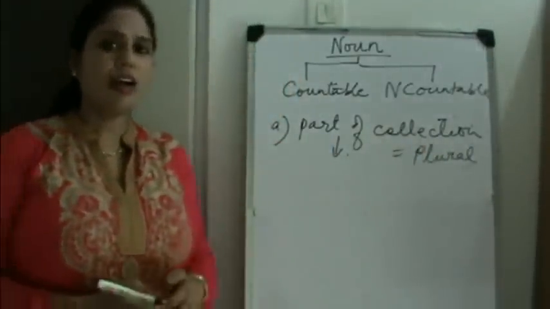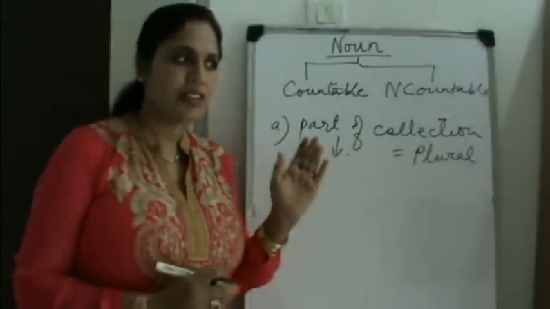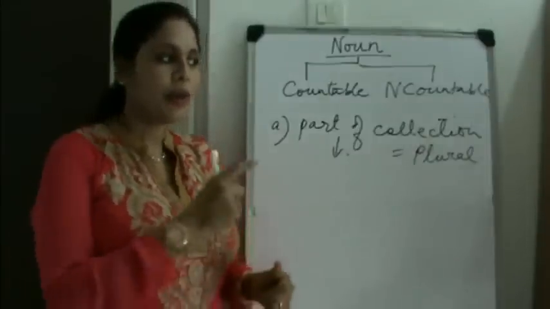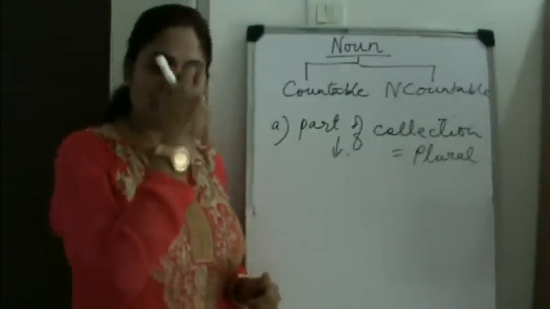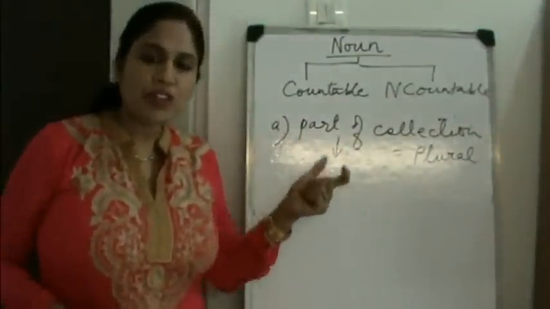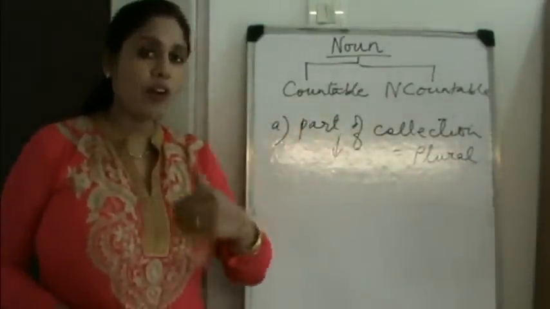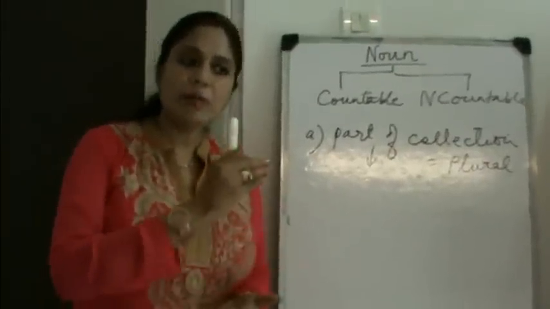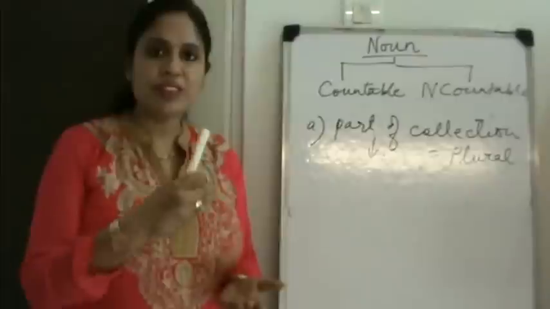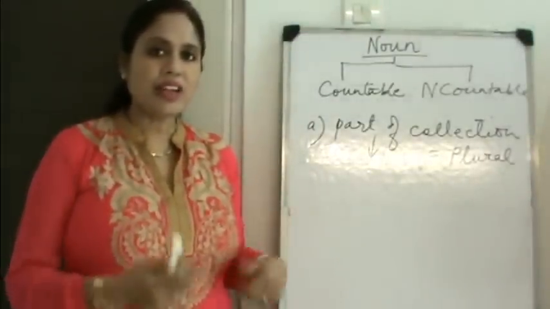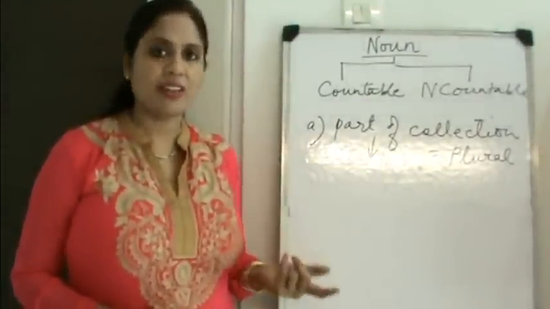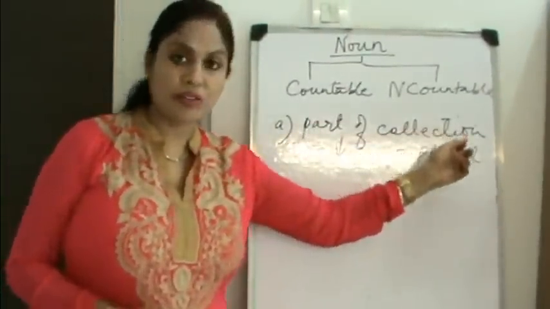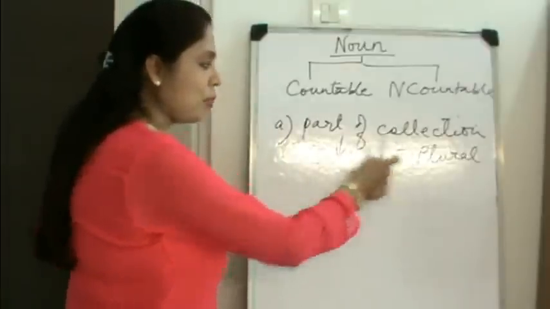So I say, a band of robbers dressed in tuxedos have entered the village. When I make this sentence, what I'm actually doing is referring to individual members of the collection. I'm not referring to the collection as a whole. I can say, the committee are arriving by different trains. One committee cannot arrive by the same train. You see, they are different members of the committee. So when I refer to a part of the collection, I make use of it as a plural noun.